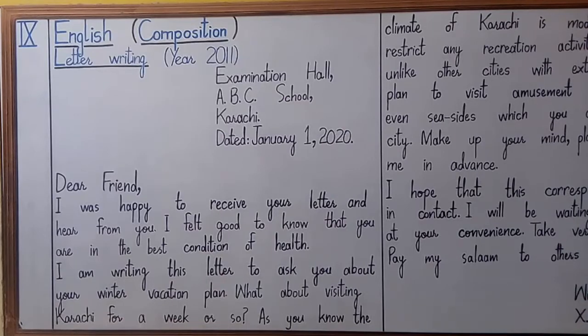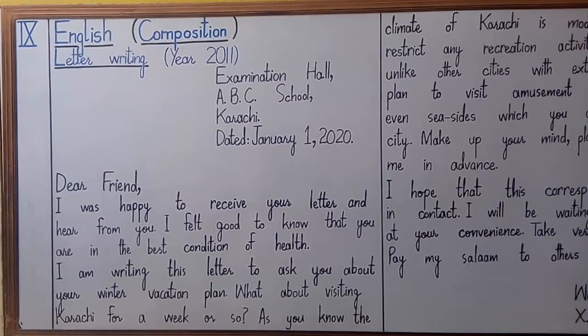You will never mention the name of your school or your own name in an academic letter writing. After the address of the sender, we will mention the date. I have given you an exemplary date here. You will write down the date on which you are writing a letter. January 1st, 2020, full stop.